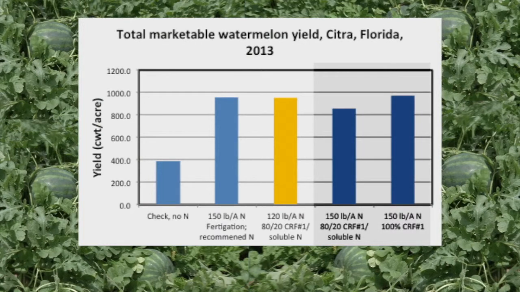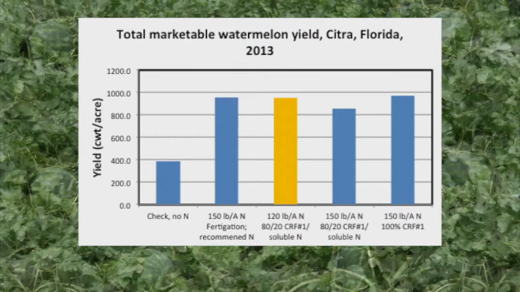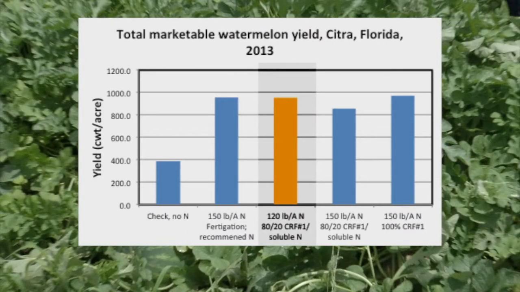Controlled release fertilizer with a recommended rate of 150 pounds of nitrogen per acre, either supplied as 80% controlled release fertilizer and 20% soluble nitrogen incorporated in the bed, or 100% incorporated in the bed from controlled release fertilizers, resulted in similar yields as with the fertigation recommended program. Furthermore, nitrogen rate can be reduced from the recommended 150 pounds of nitrogen per acre to 120 pounds of nitrogen per acre with controlled release fertilizers.